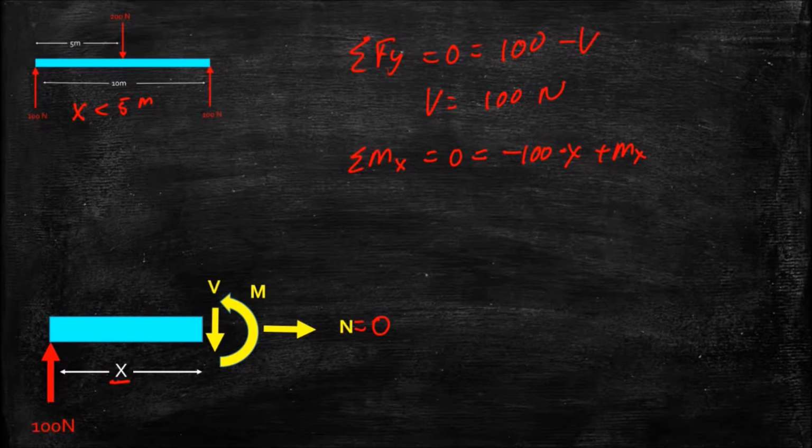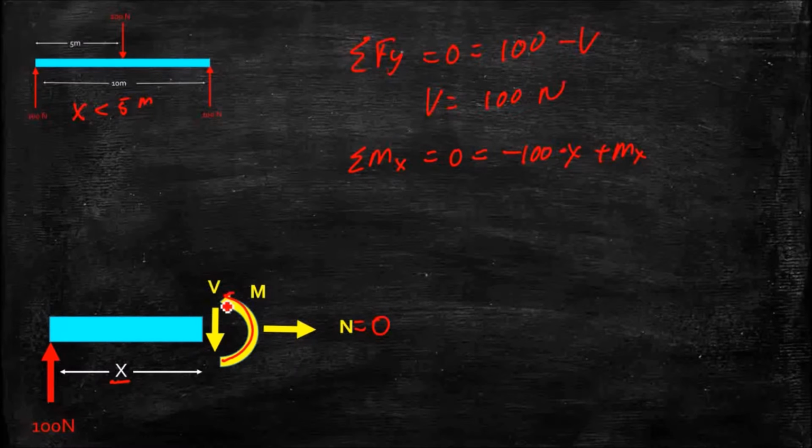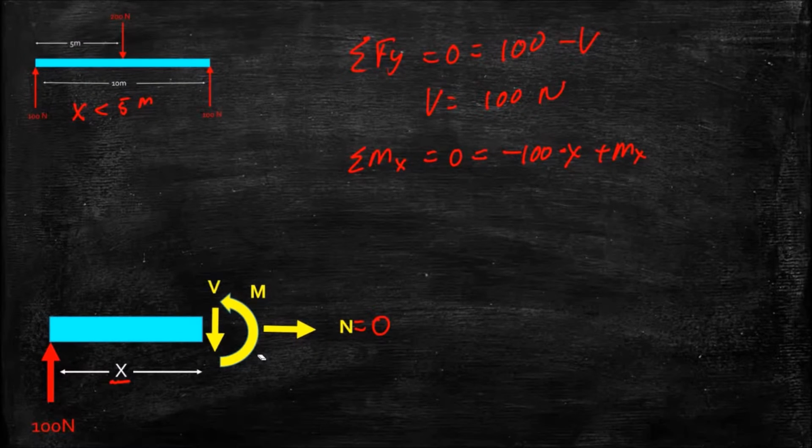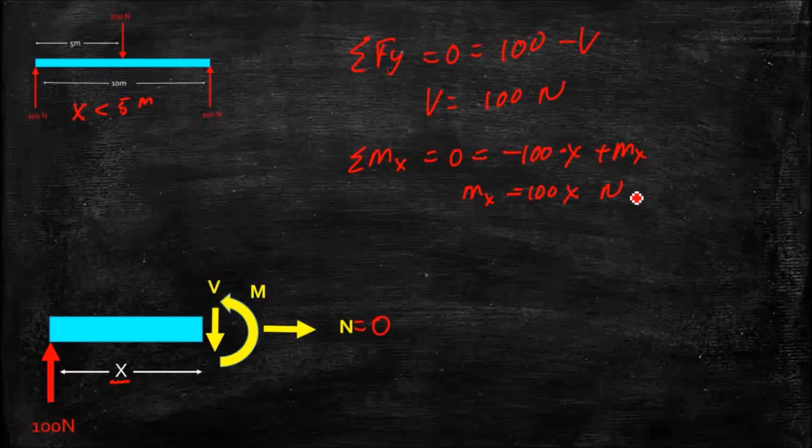We know that we've drawn a positive moment here, and that the moment on the other end has to be negative to be equal and opposite for this to be in equilibrium. So our moment at x is equal to 100 times x, and that's Newton meters is our units.